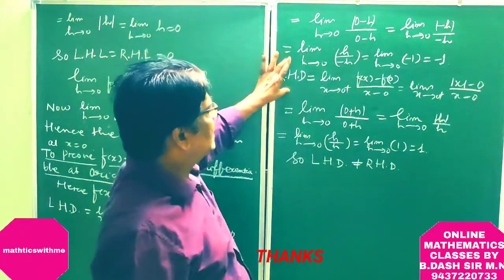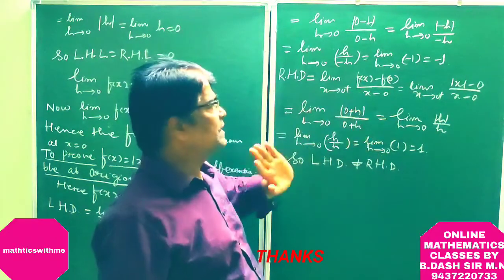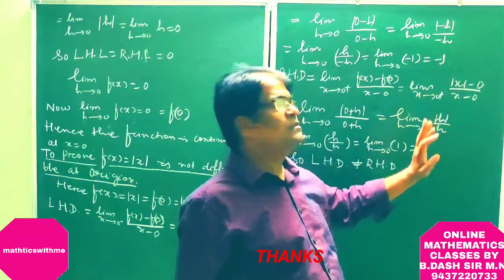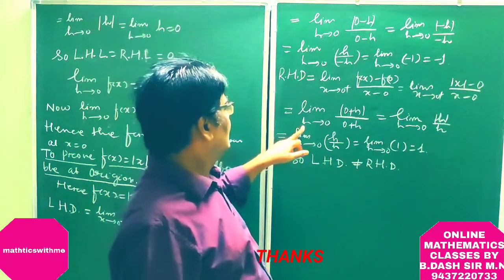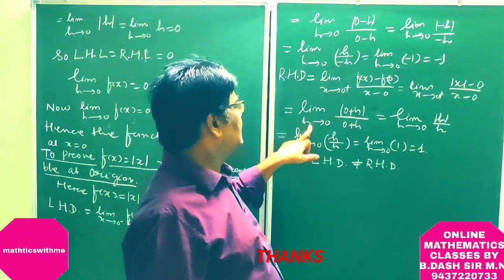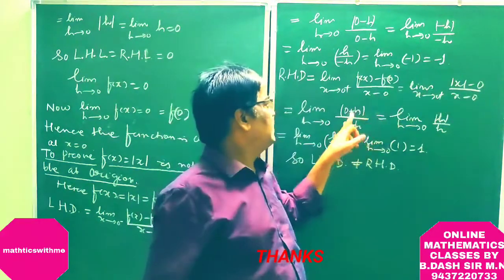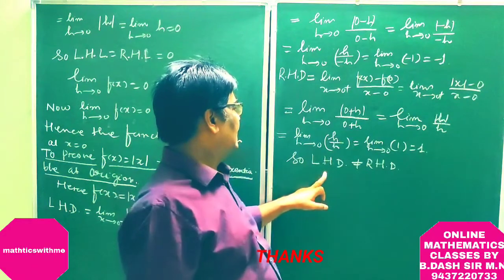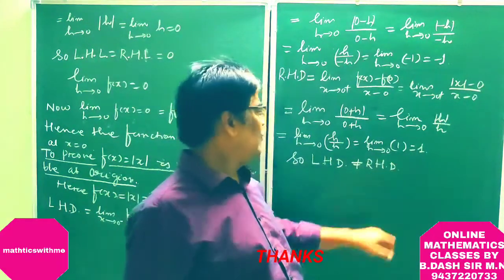So here right hand derivative limit x tending to 0 plus f(x) minus f(0) by x minus 0, limit x tending to 0 plus mod x minus 0 by x minus 0. And this is equal to limit x tending to 0, x is replaced by 0 plus h, mod 0 plus h. Then after simplification we get the limit is 1.